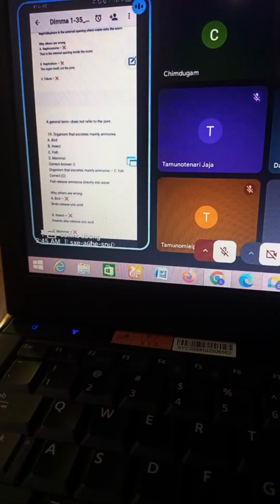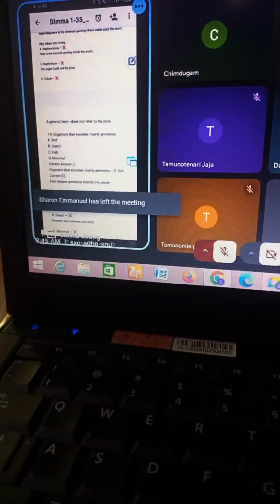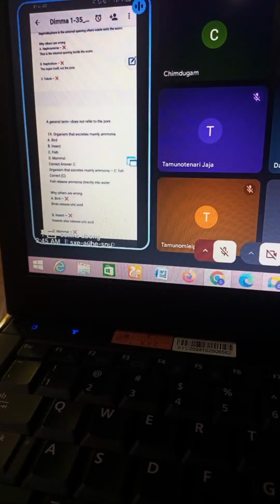Then number 19. Organisms that excrete mainly ammonia, and the answer is fish. So take note, don't ever say insects excrete urea. Students are fond of making that mistake. It is uric acid and uric acid alone. So the answer is fish.